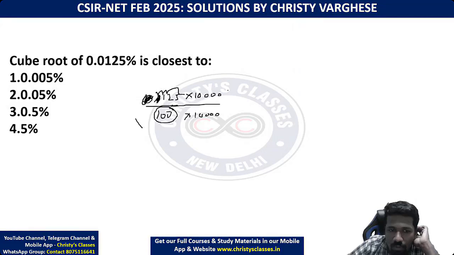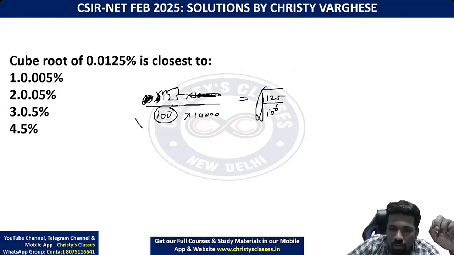Now its cube root. Now this is before cube rooting. I can say this is 125. One second. Yeah, after multiplying, this 10,000 is not there. So 125, because the decimal point I have shifted. So 125 divided by 10 raised to 6. Its cube root means raised to 1 by 3. That is 125 raised to 1 by 3, which is 5.